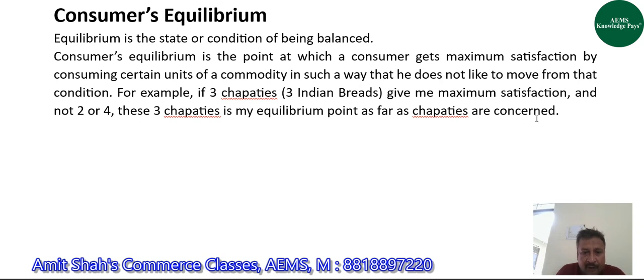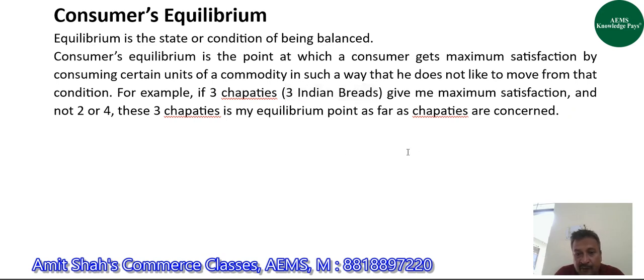Now, this equilibrium point has a direct relationship with demand. For example, if I want to go out in a restaurant to have my dinner or lunch, I will demand how many chapatis? Three, right?